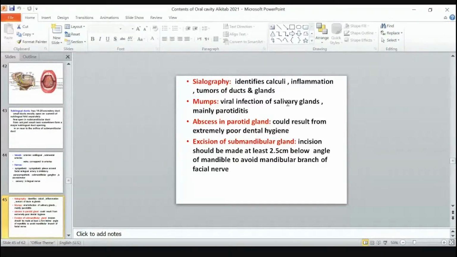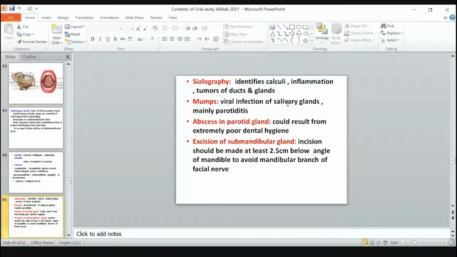Mumps is a viral infection of the salivary glands, usually affects the parotid gland. The parotid becomes enlarged and painful, and if you look to the inside, even before enlargement of the gland, the duct opens at the summit of the parotid papilla opposite the upper second molar tooth.